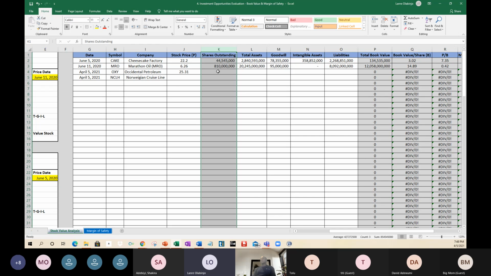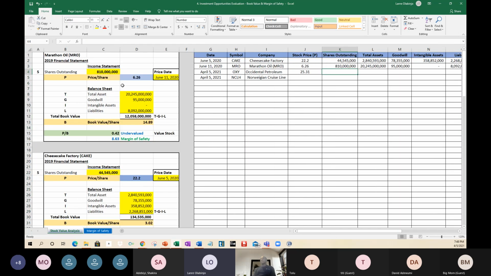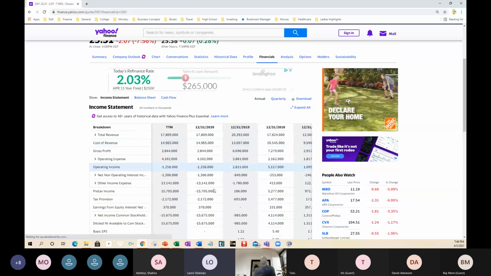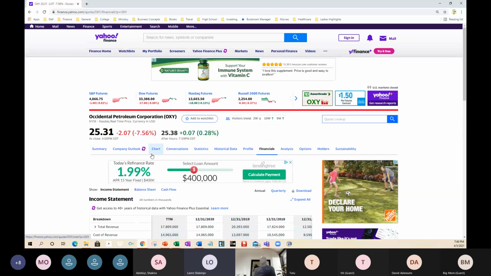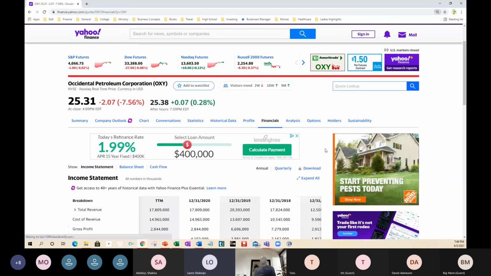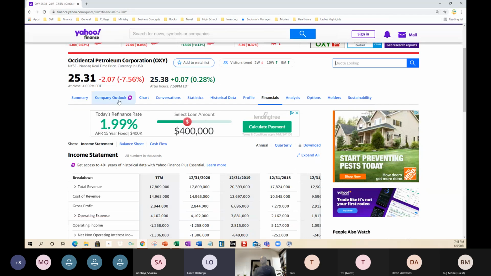The next thing I need is the shares outstanding. Like I said in that analysis, that is obtained in the income statement, right? So I'll go into the income statement. Excuse me. How do you get the income statement? Once you open Yahoo Finance, I'll make it a little bit bigger. There are a number of menu items at the top here.